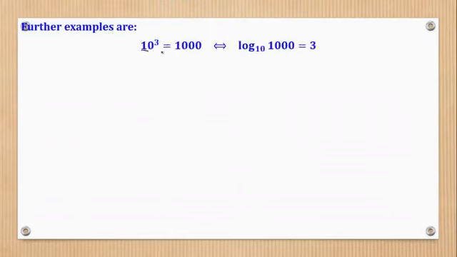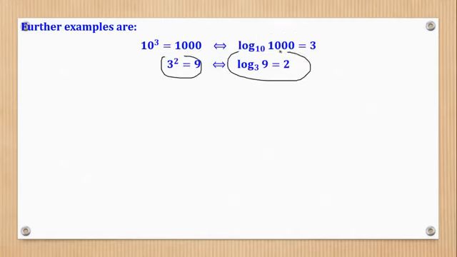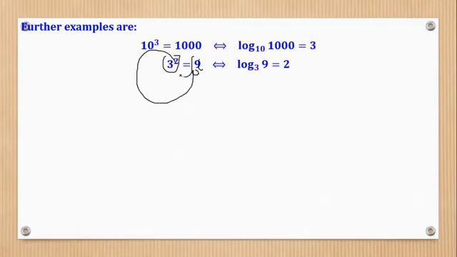So for other examples, if I have this, I can write it as that, if I want to introduce the logarithm. Then if I have this and I want to eliminate the logarithm, I can write this. Remember, for now we are still on the introduction, so if it confuses you, don't worry. We are going to grasp it when we come to worked examples. So 3 squared equals 9, it means that 2 is equal to the logarithm of 9 in base 3, which is here.